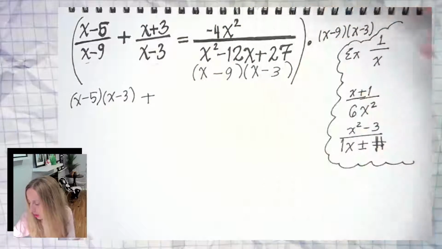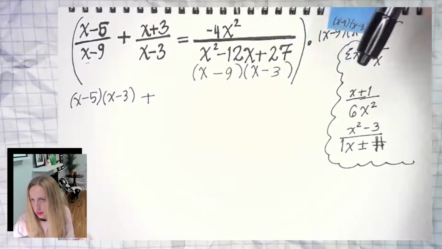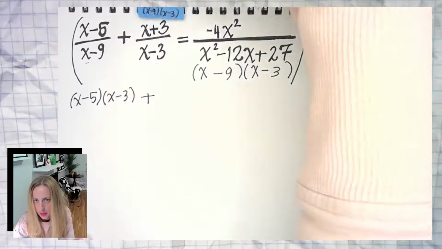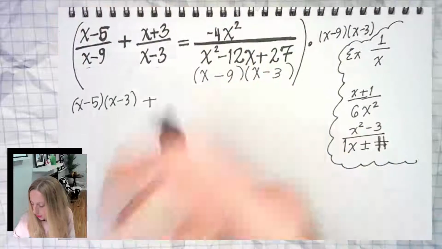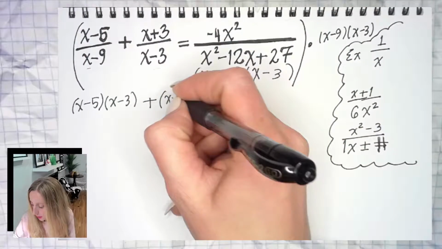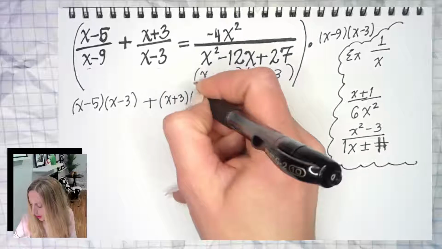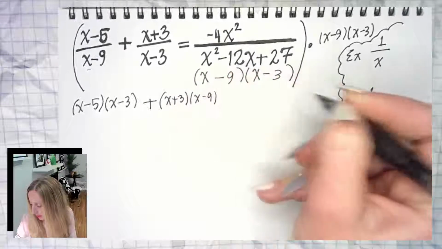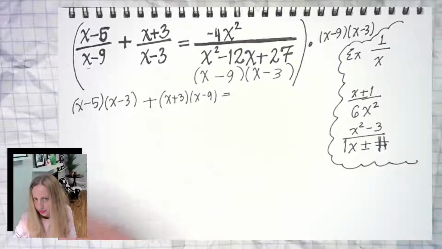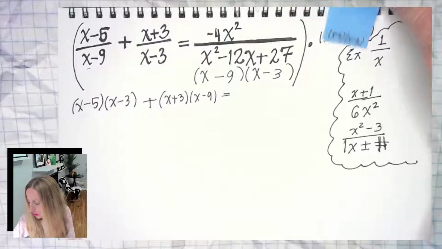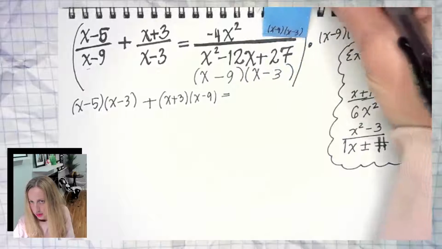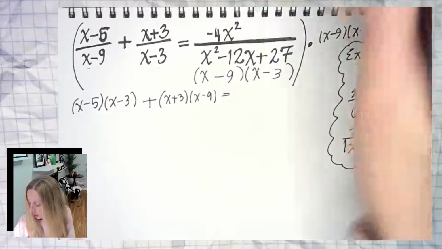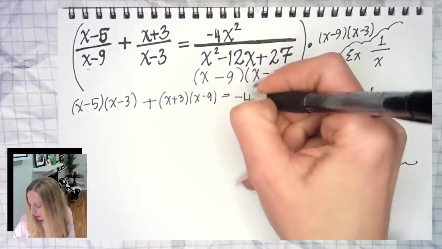Plus, continue, now we take this least common denominator and multiply it by this guy over here. So they're all one happy family, but x minus 3 crosses out. So plus x plus 3 was there to begin with, and then x minus 9 stays with it, equals, and then lastly, it goes over here, and really both of them cross out because there's a match on top. So the only thing you should have on the right is negative 4x squared.